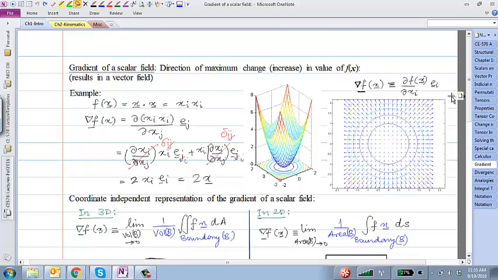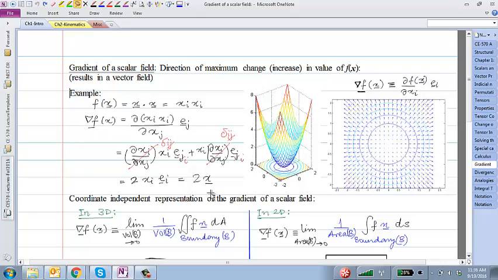We also looked at another derivative which is called the gradient of a scalar field. Looking at the same scalar field x dot x, we found that the gradient of this scalar field came out to be a vector field, which basically says that if I have a scalar field over a 2D or 3D space, go to some point and plot the magnitude and direction of the greatest increase of the function at that point. So magnitude and direction of greatest increase would be a vector at each point.